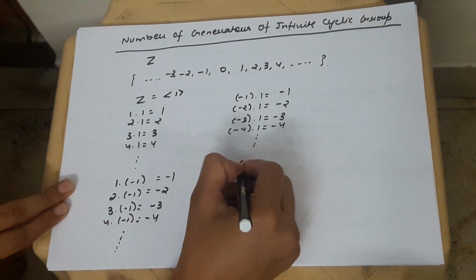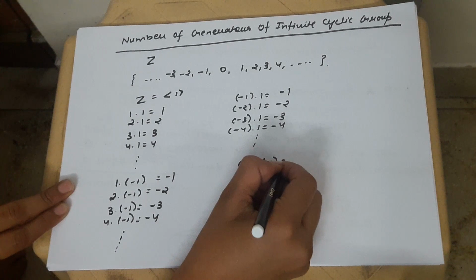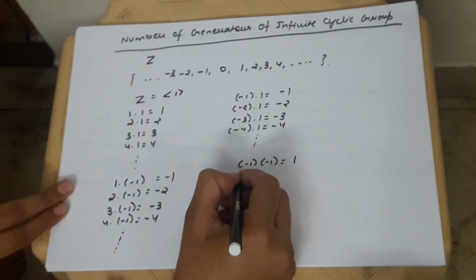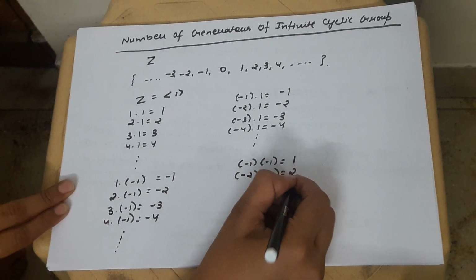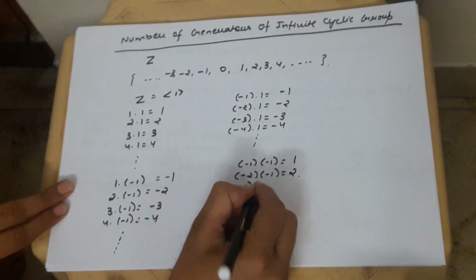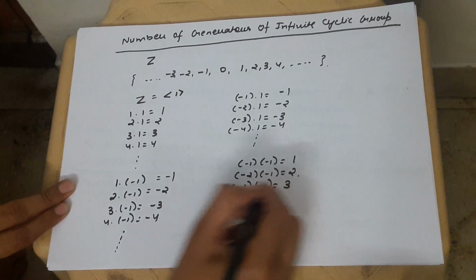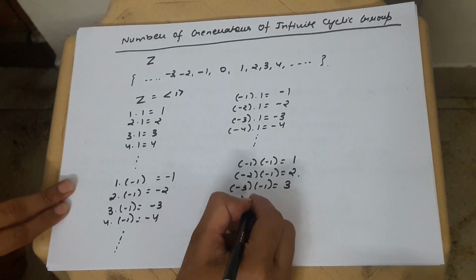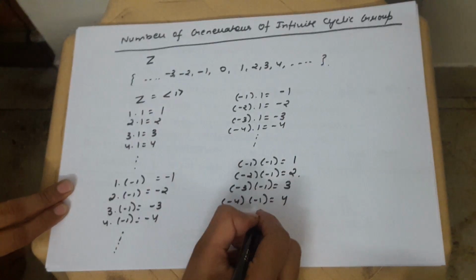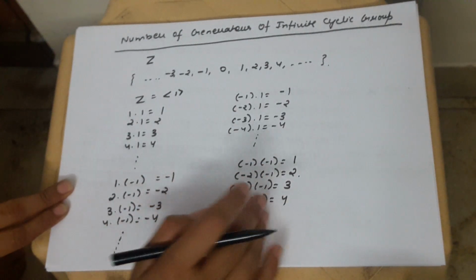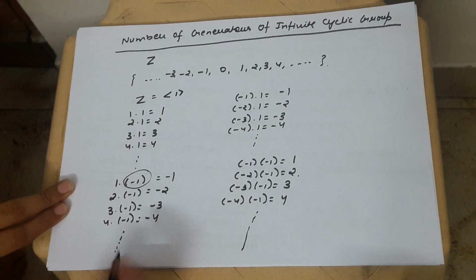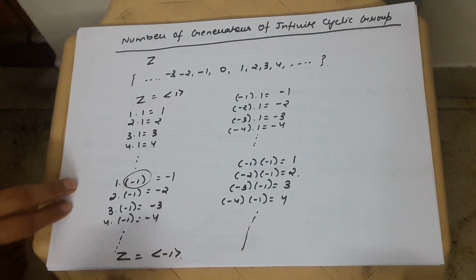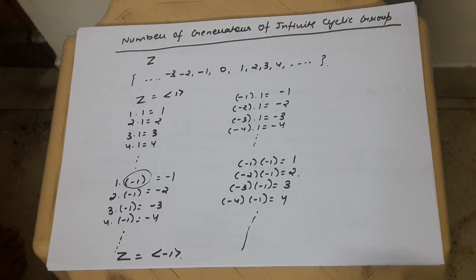Now minus 1 into minus 1, here we are getting 1. Minus 2 into minus 1 we are getting 2. Minus 3 into minus 1 we are getting 3. Minus 4 into minus 1 we are getting 4 and likewise. Here you can see that minus 1 is also a generator of Z. So Z can be expressed as a cyclic group generated by minus 1 also.